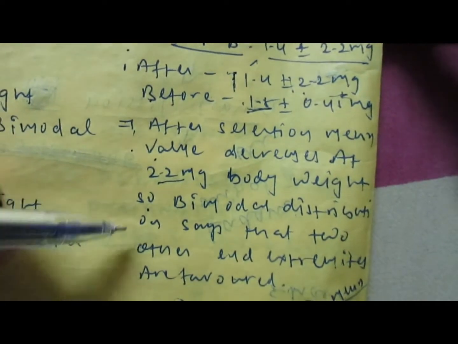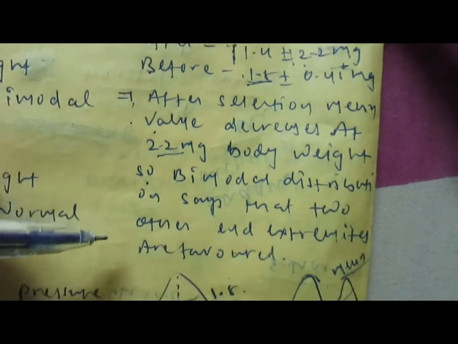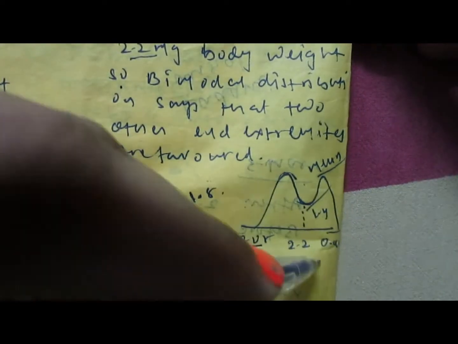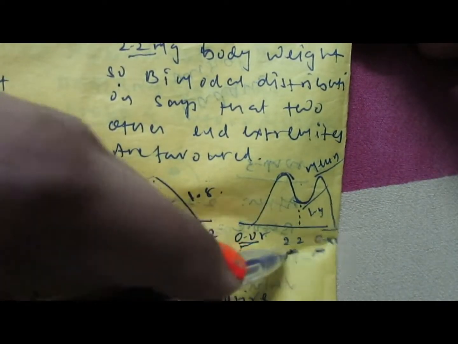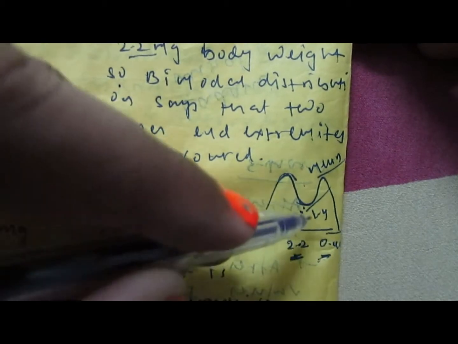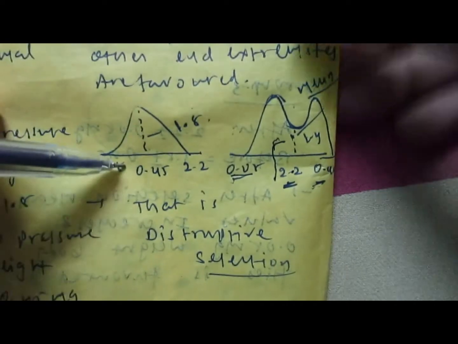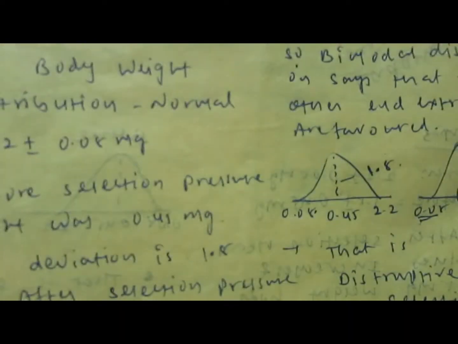In that, two extremities of different weights are picked as end values, and 2.2 milligram body weight is favored, and mean value at this body weight is decreasing, and such kind of distribution is disruptive selection.